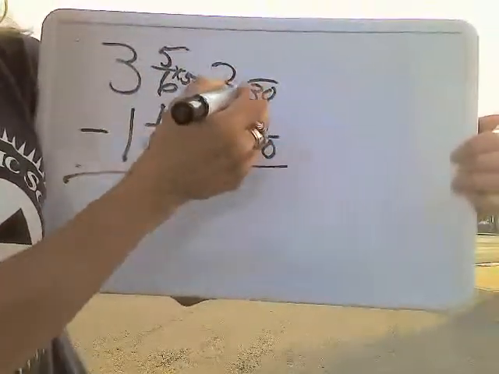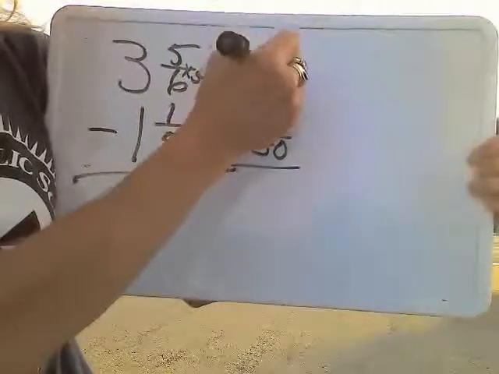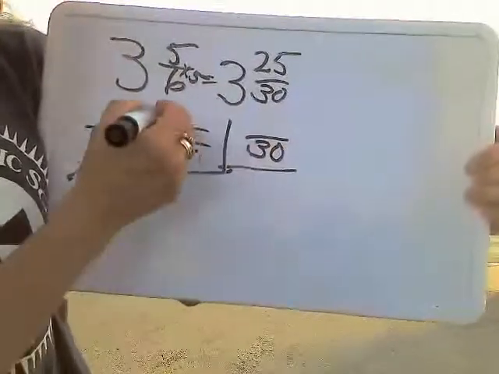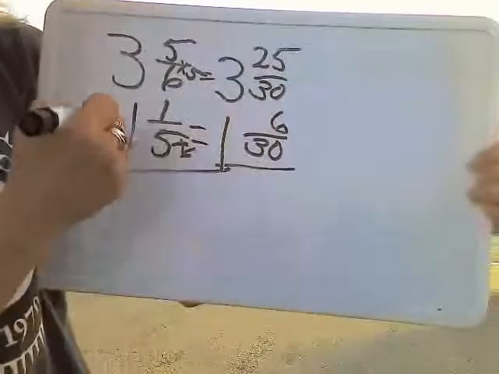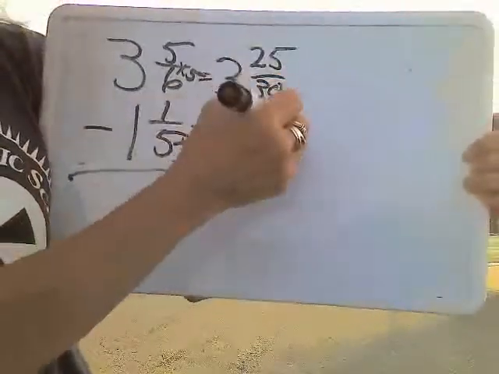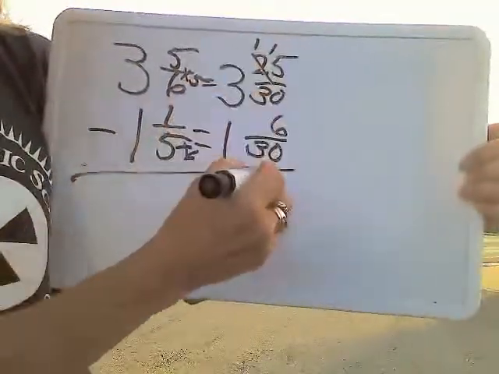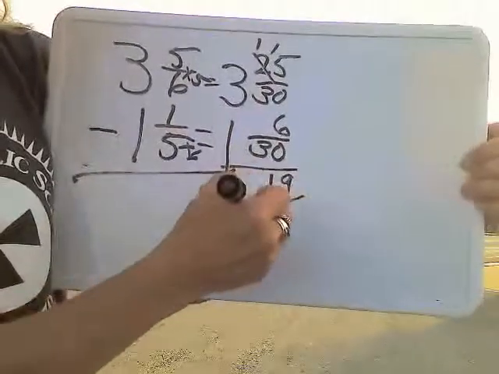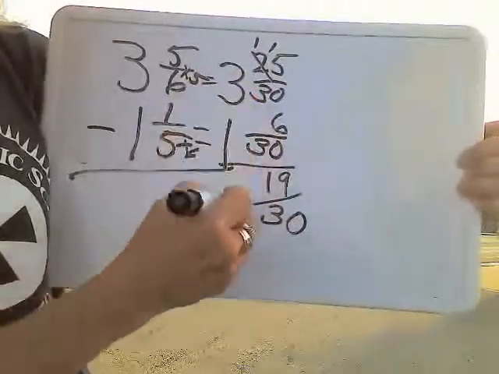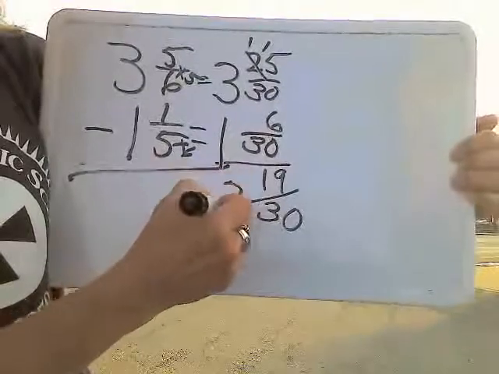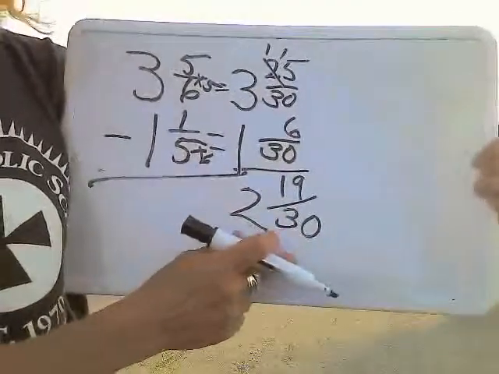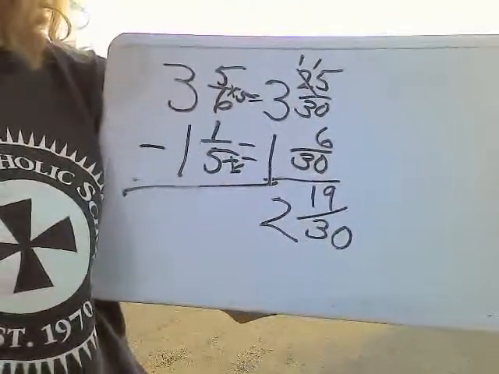Whatever I do on the bottom, I have to do on the top. 5 times 5, 25. 6 times 1, 6. Now I can subtract. 5 minus 6 I can't do. 15 minus 6 is 9. I get 19 over 30. 3 minus 1 is 2. This time we didn't have to reduce, but most times you will have to reduce.